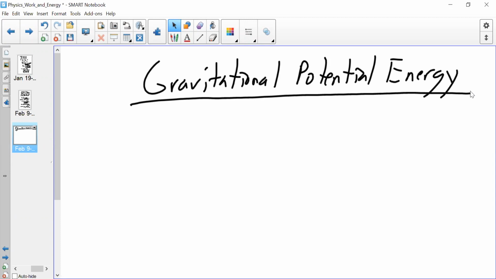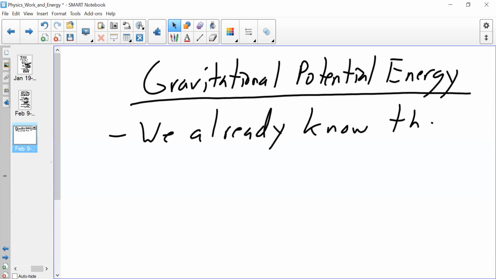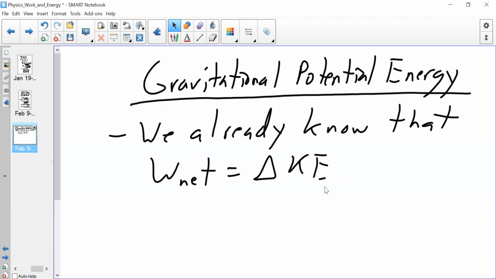As we stipulated before, we already know that the total amount of work done on an object is equal to the change in kinetic energy of that object, which is equal to F net cosine theta delta x.